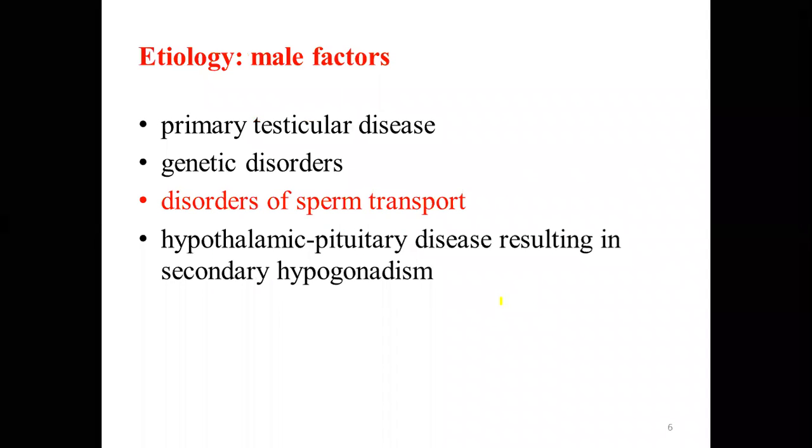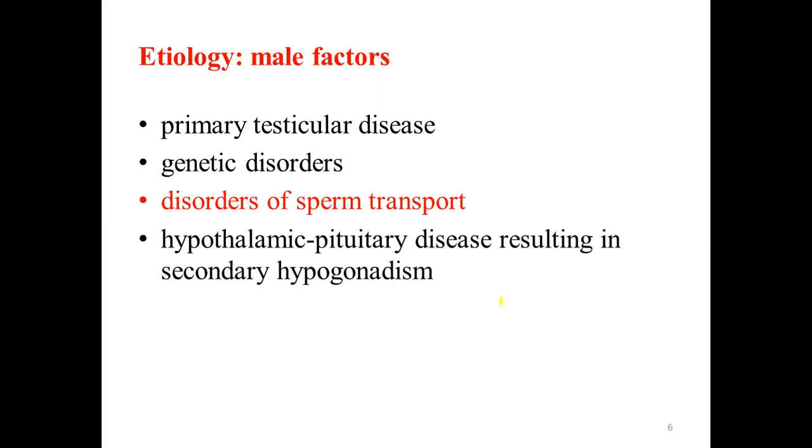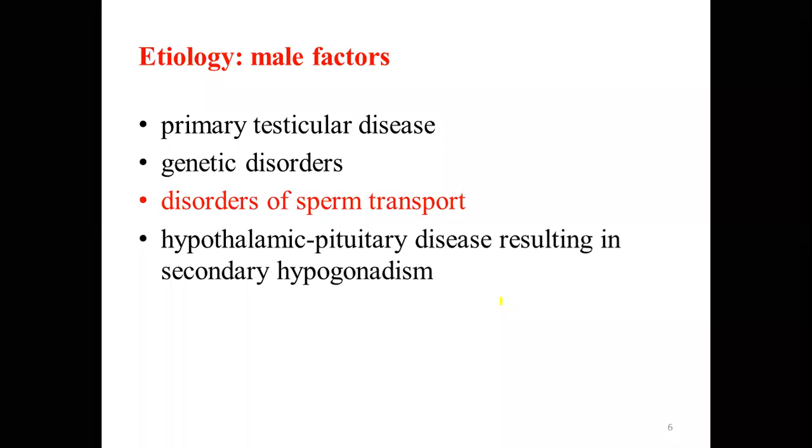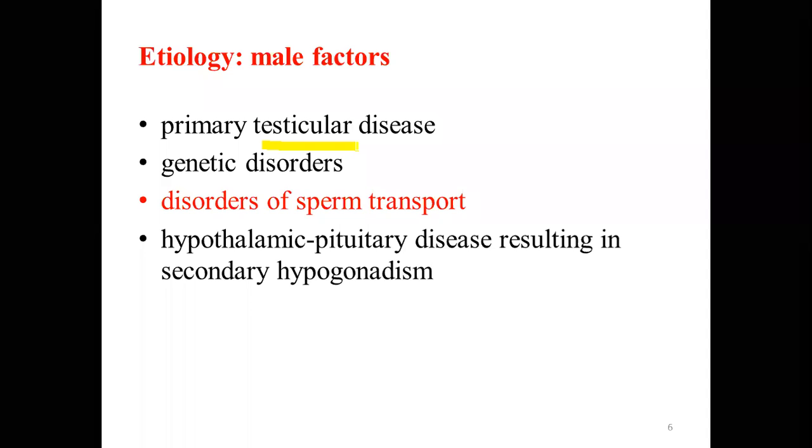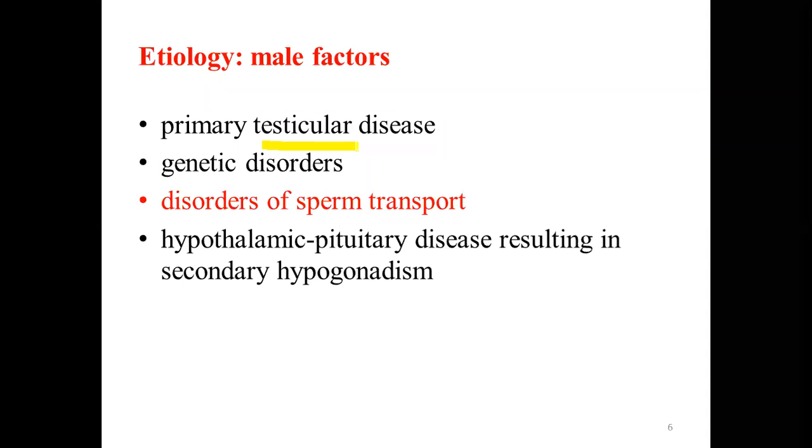Then in male factors, what are the factors that can affect male infertility? It could be a primary testicular disease that affects the testis, which is the principal organ in the male that produces sperm. It could be a genetic disorder, or a problem in the transport of the sperm.